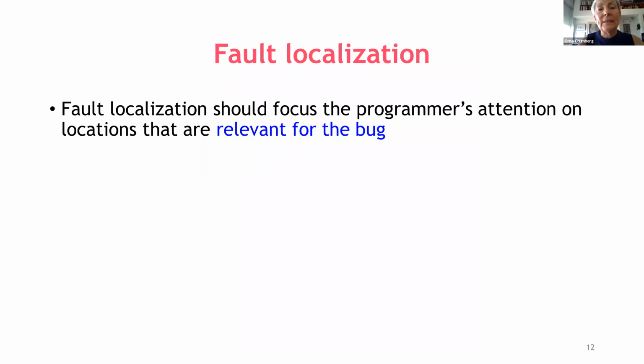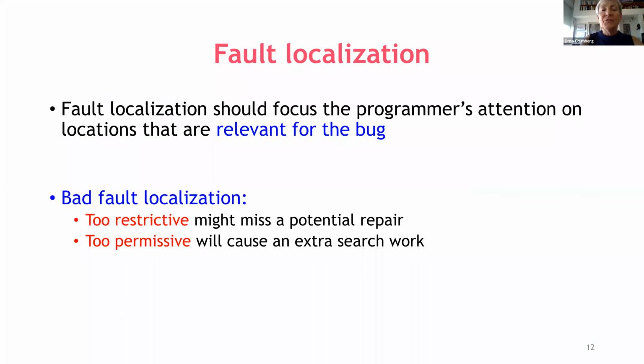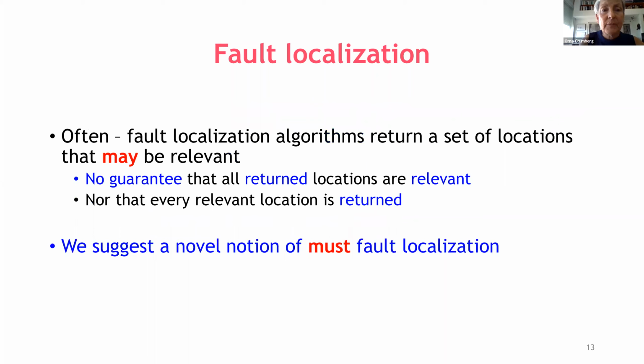As said, fault localization should focus the programmer's attention on locations that are relevant to the bug. If it is not sufficiently well defined, then it might be too restrictive, and then we might miss a potential repair, or too permissive, in which case we will have too much extra work in order to cover the whole search space.